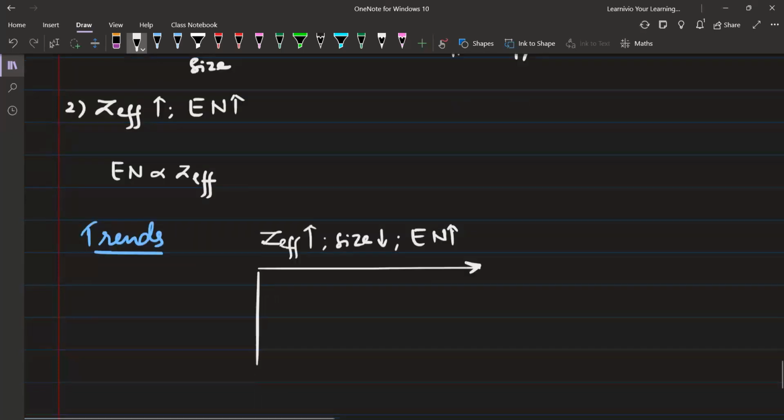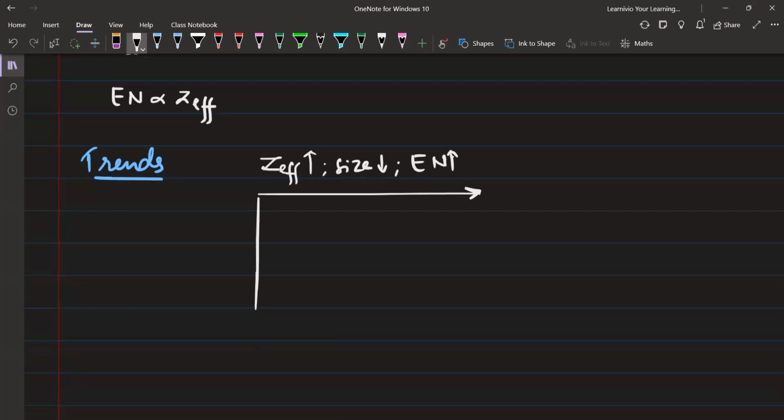From top to bottom in a group, Z effective is constant, the size increases, that is why electronegativity is going to decrease.